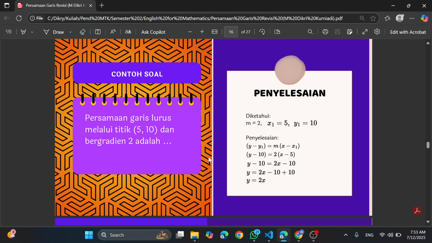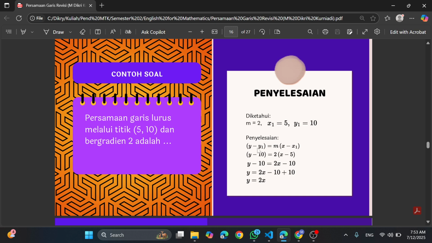Example question. The equation of a straight line passing through the point 5, 10 with gradient 2. Given that m equal to 2, x1 equal 5 and y1 equal 10.